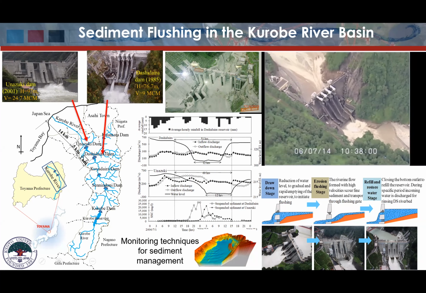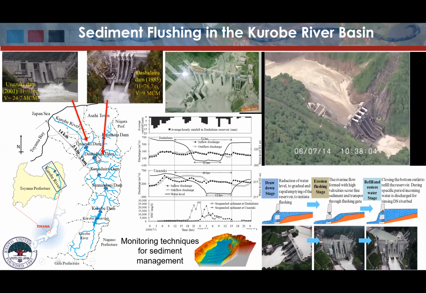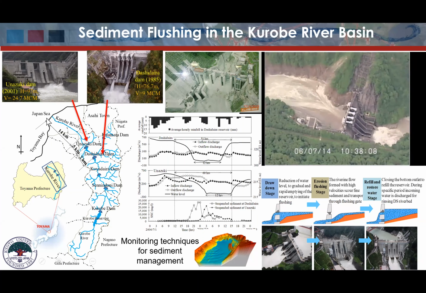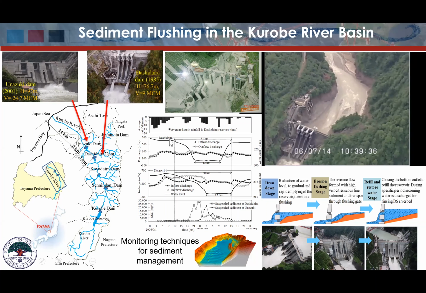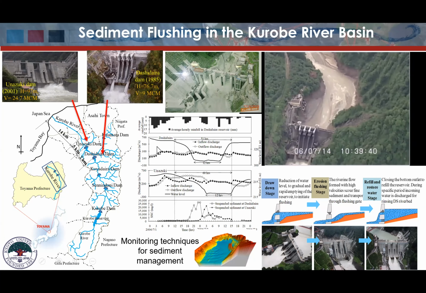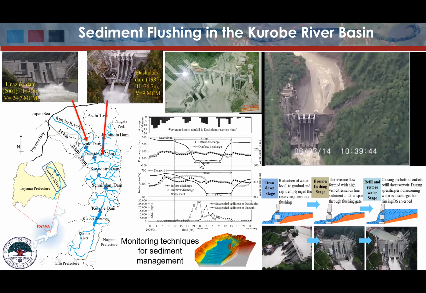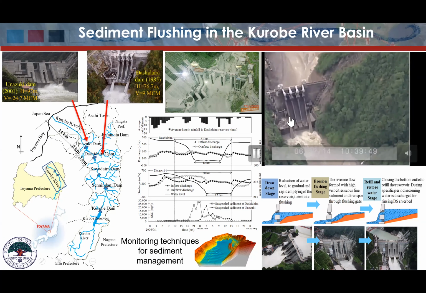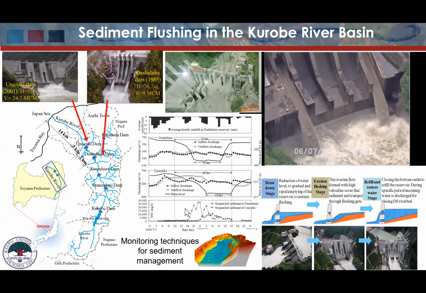What we are doing is at the Shidaira Dam and the Unazuki Dam, before the river reaches the coast or the sea: we open the gate of the Shidaira Dam and draw down, which means lowering the water level. For 12 hours we keep this condition as a free flow, before recovering and filling the reservoir again.